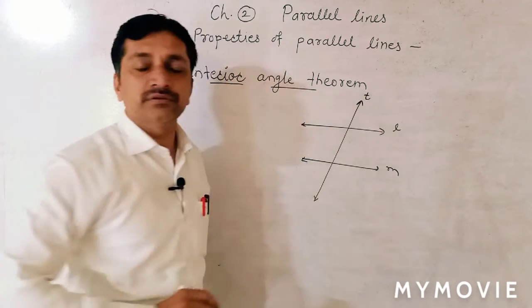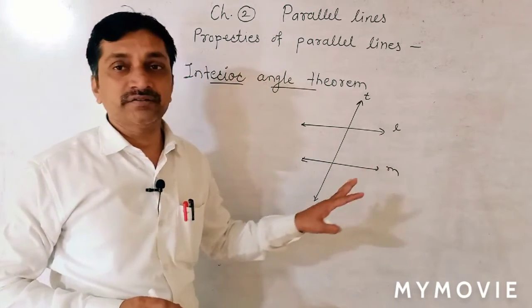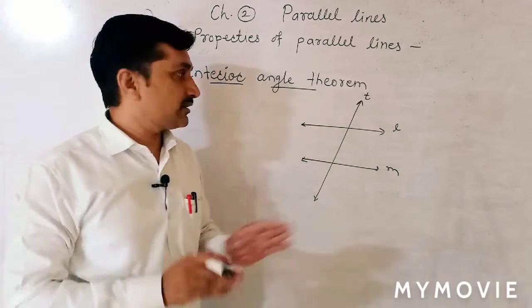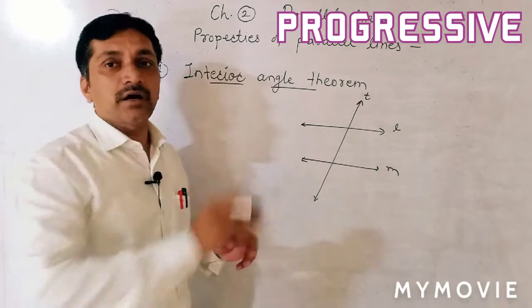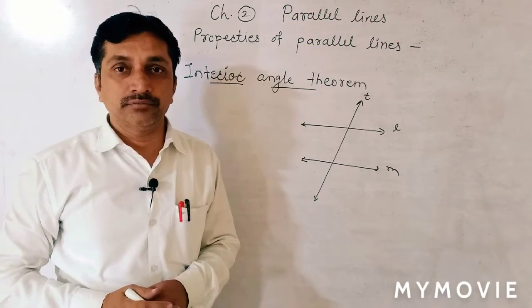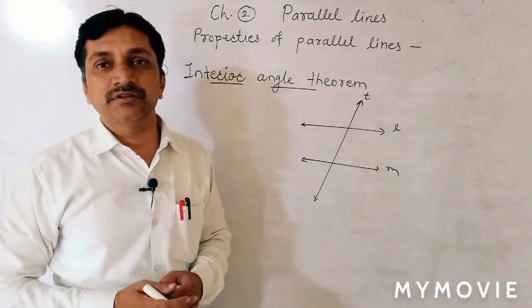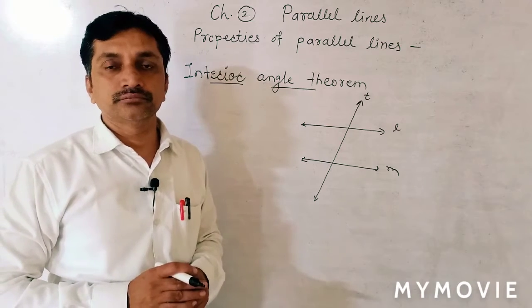T is the transversal, intersecting L and M. If two parallel lines are intersected by a transversal, then interior angles are supplementary. Supplementary means the sum of these two angles is 180 degrees, and this is the theorem.